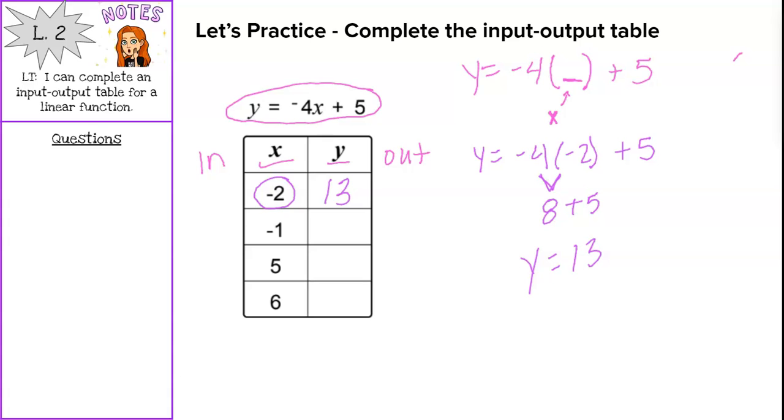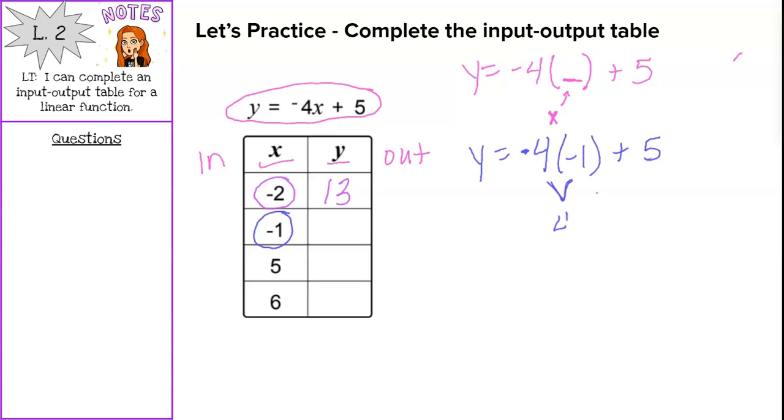And we're going to do that for each value. The next value we put in is negative 1. So I'm going to rewrite my function, y equals negative 4, now inside my parenthesis for x is negative 1, plus 5. Negative 4 times negative 1 is positive 4. 4 plus 5 is 9.